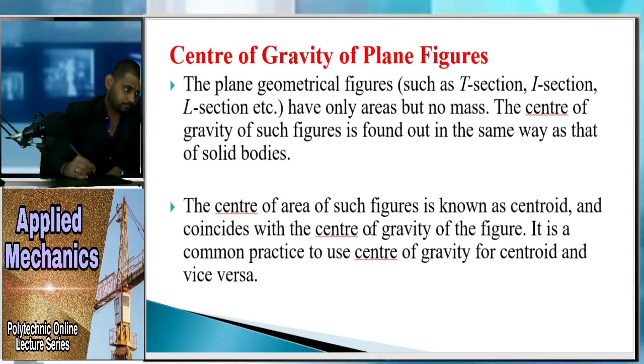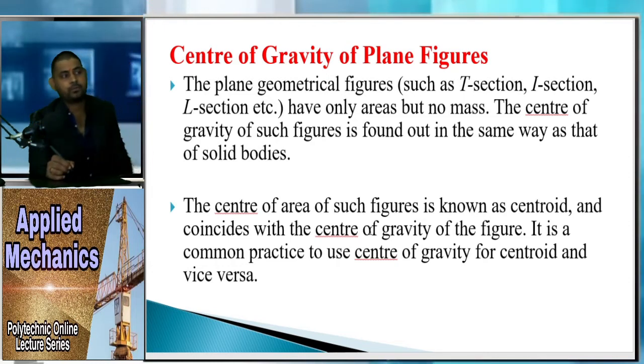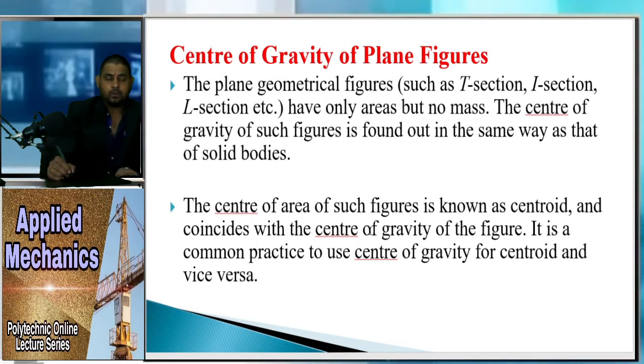Okay, so after that we can see here center of gravity of symmetrical sections. Sometimes the given section whose center of gravity is required is symmetrical about the x axis or y axis. So here you can see what it says, center of gravity of symmetrical section.